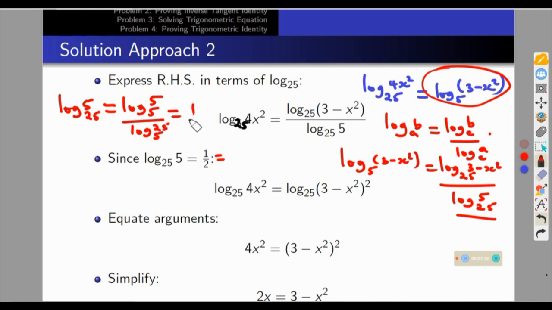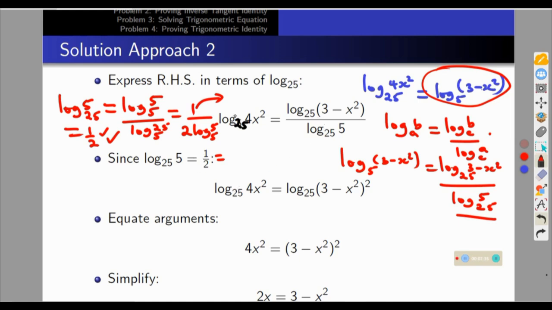So this is same as having 1 upon 2 log of 5 of 5. So that's why we say that this expression is same as a half, because this will be 1, this will be 2, so you get a half. So log of 25 of 5 is same as a half.